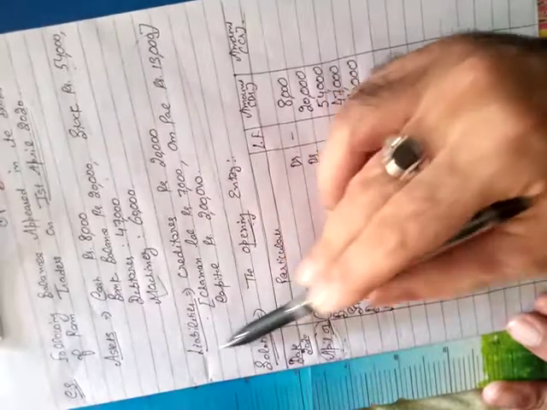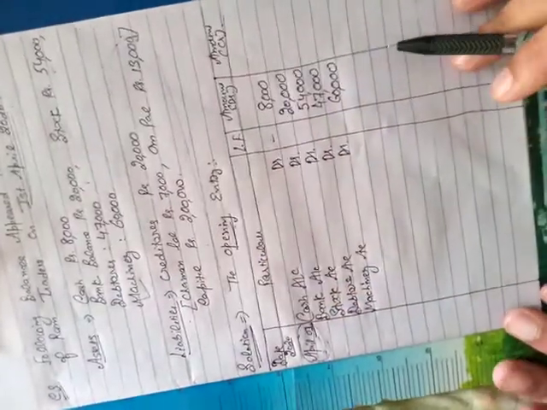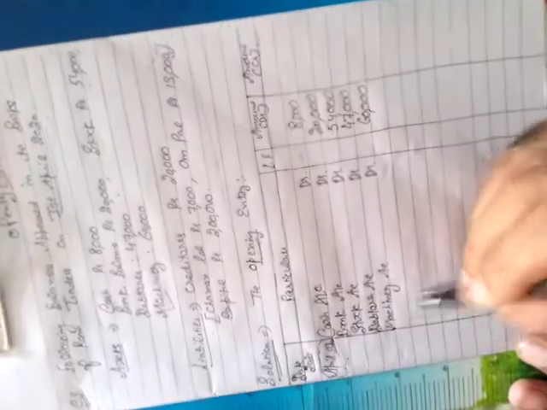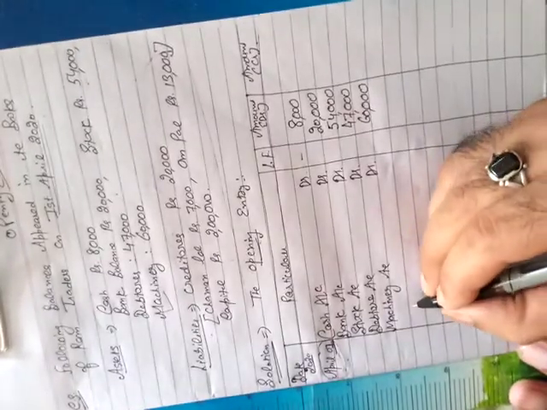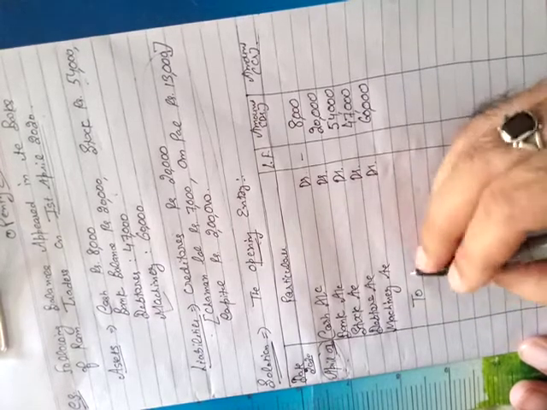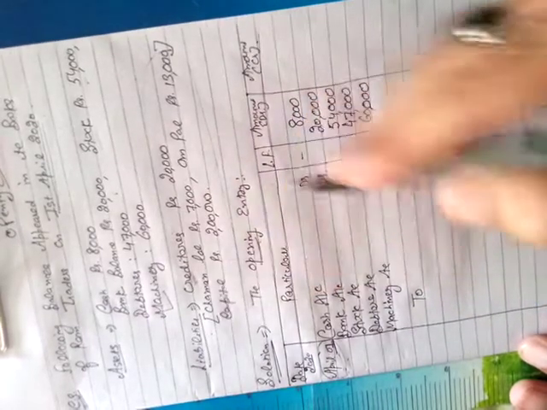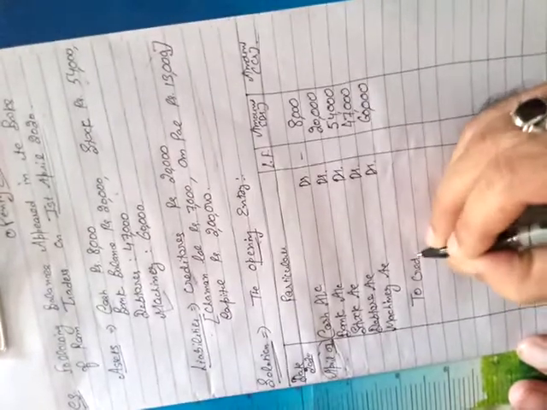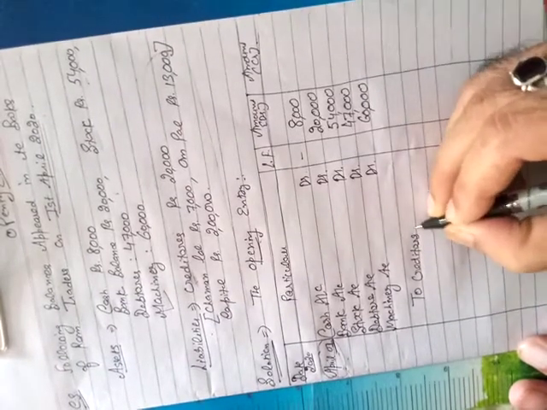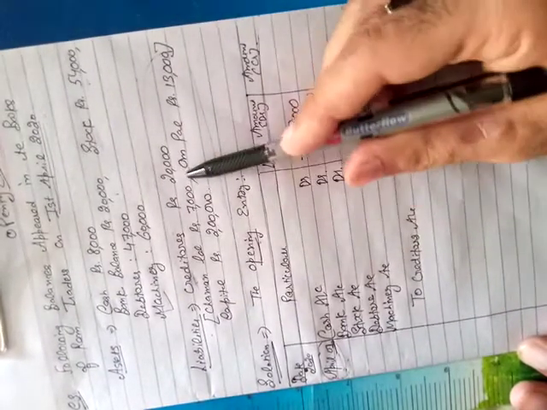Now all liabilities will be credited. Now leave one line. The first liability is creditors. To creditors account, 20,000.